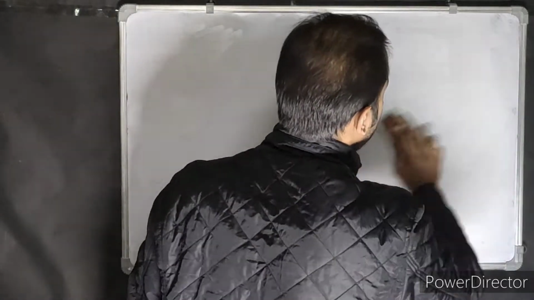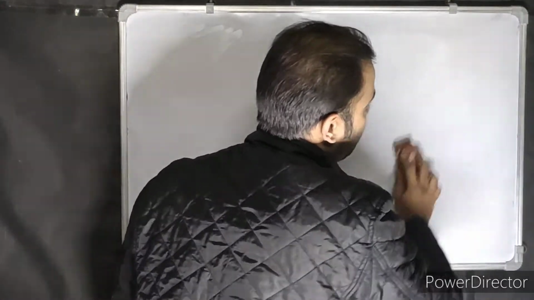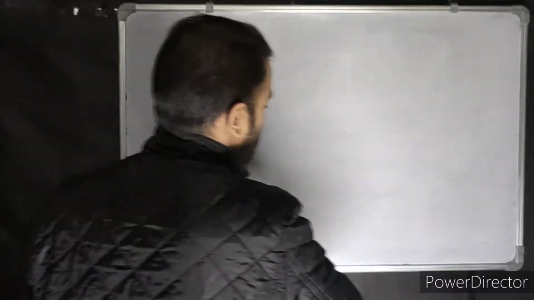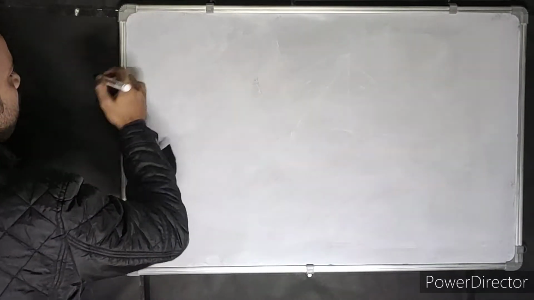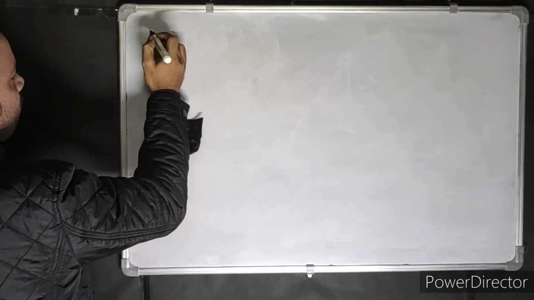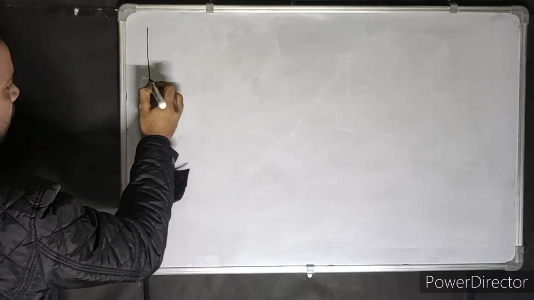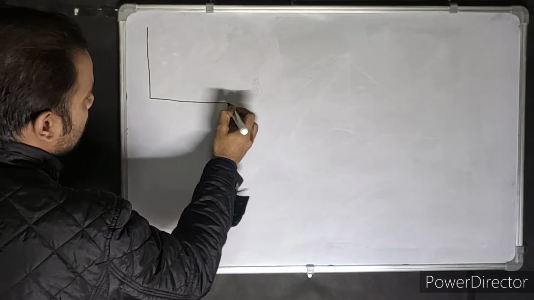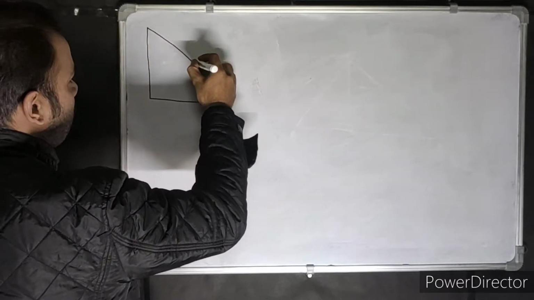In the first part, I had finished giving you the formulas. So what were the formulas? Let's start with a 90-degree triangle, any 90-degree triangle.